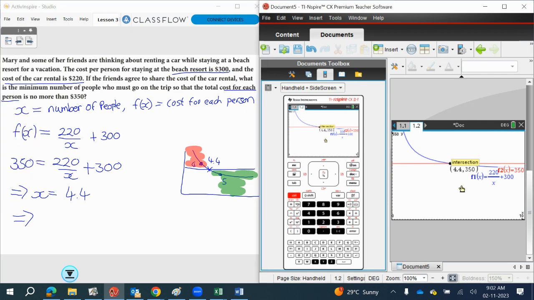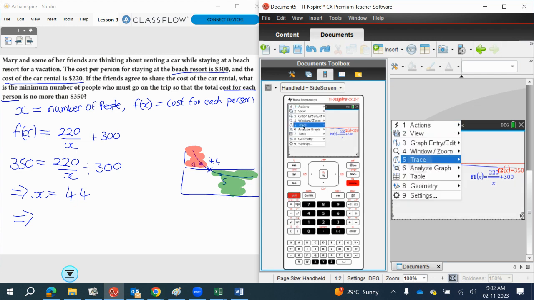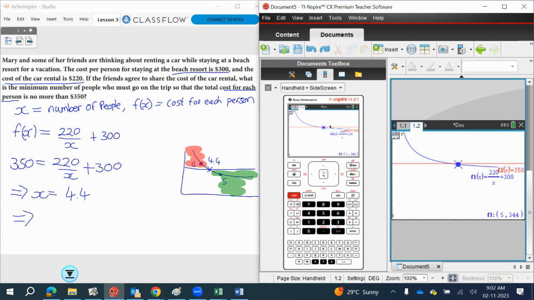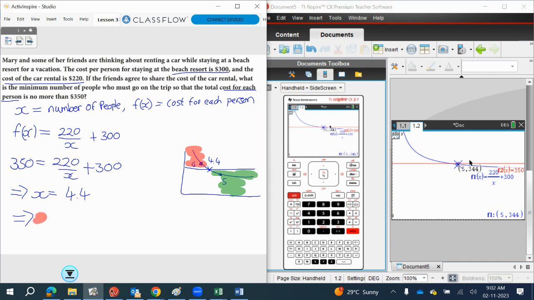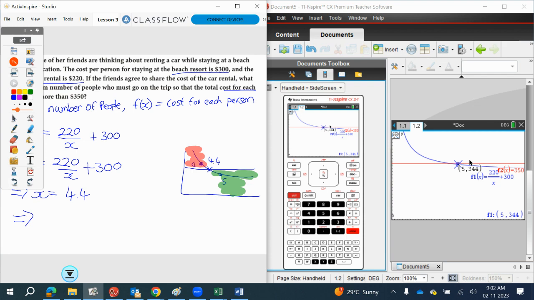So if I just press menu, trace graph, and then type in the value 5, enter. So it's going to be $344 per person when 5 people go. So this means that x is equal to 5.